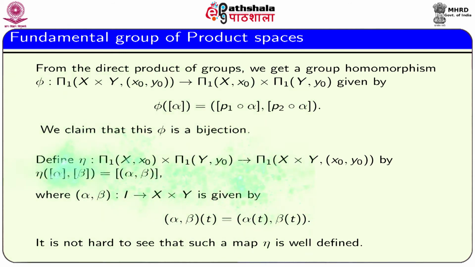So, we define eta from pi 1 X cross pi 1 Y to pi 1 of X cross Y by eta of the pair (class alpha, class beta) equal to the class of (alpha, beta), where this (alpha, beta) stands for the map from I to X cross Y given by (alpha, beta) at t equal to the pair (alpha t, beta t). It is not hard to see that such a map eta is well defined.